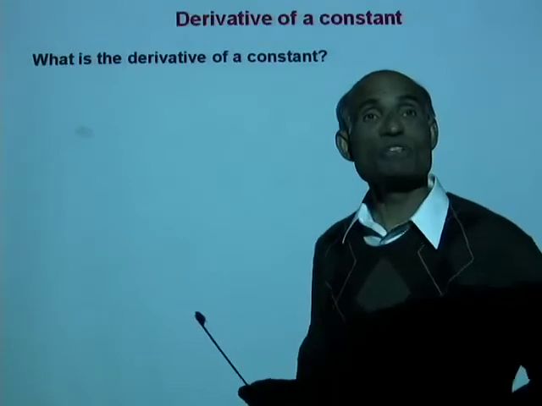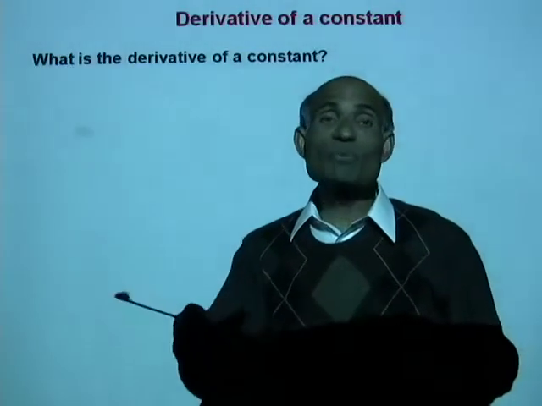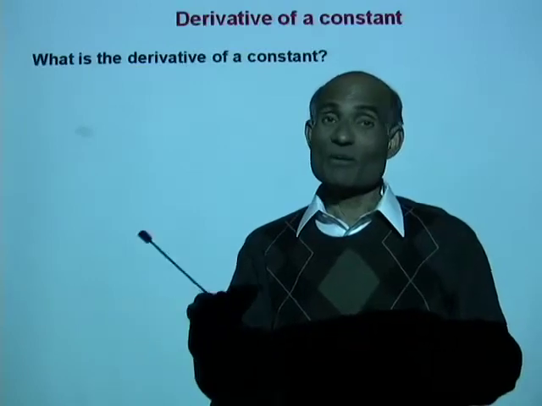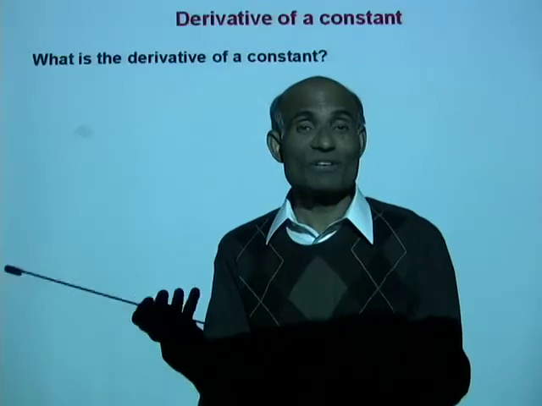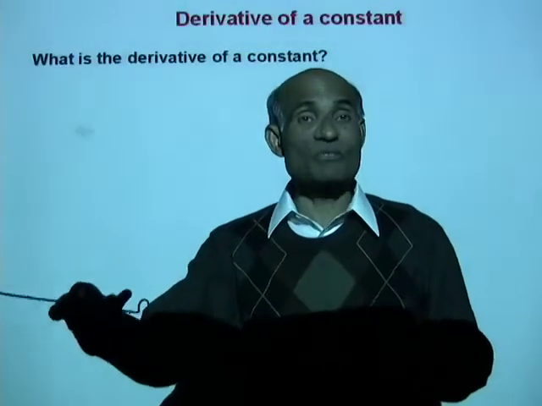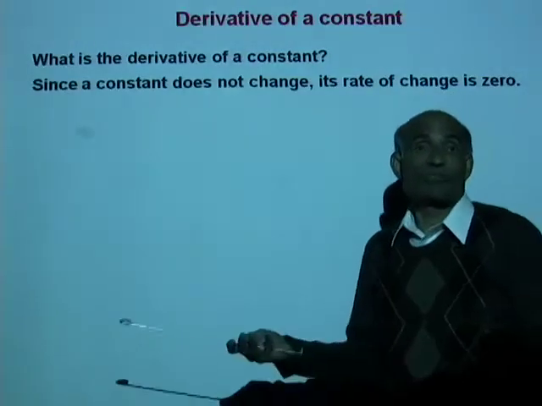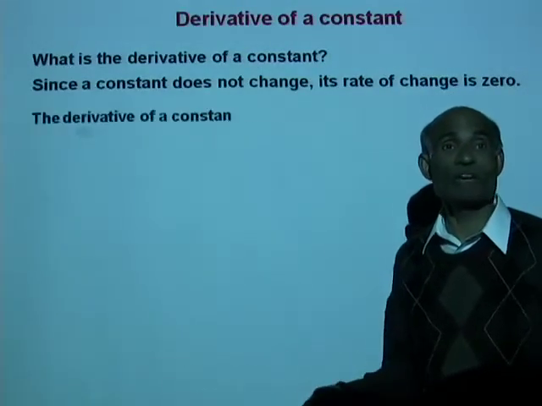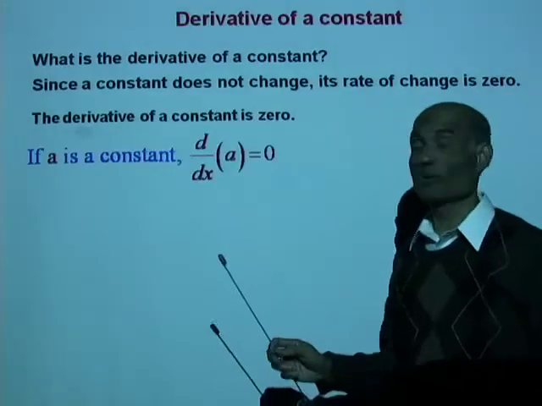Tell me, what is the derivative of a constant? Say y equal to 5. Now, by its very nature, a constant does not change. Therefore, what is its rate of change? Well, if a constant doesn't change, its rate of change is 0. Therefore, the derivative of a constant is 0.